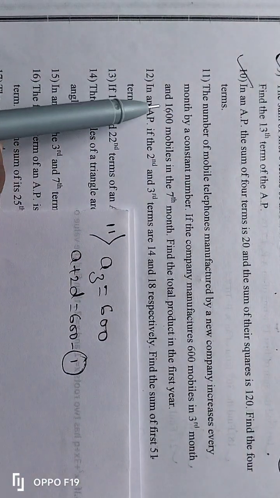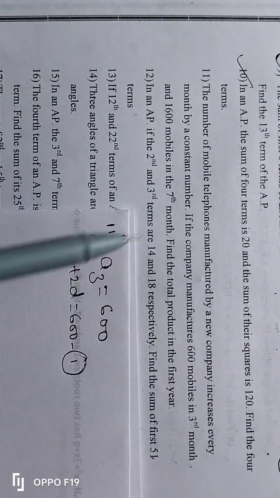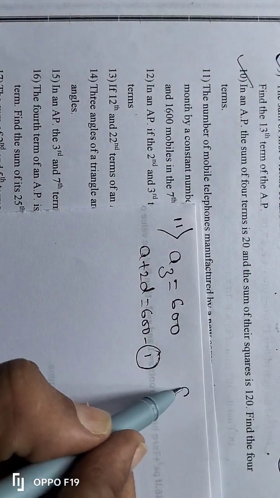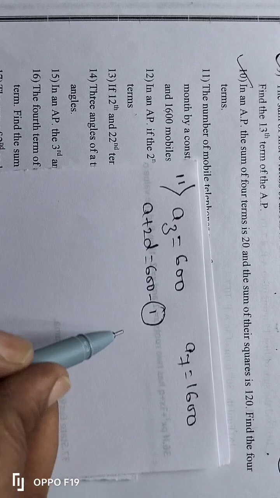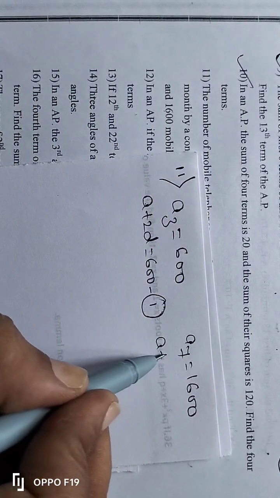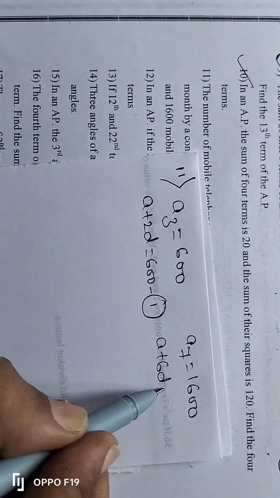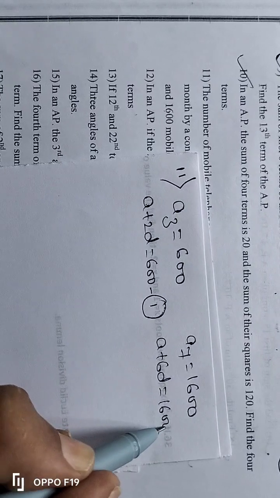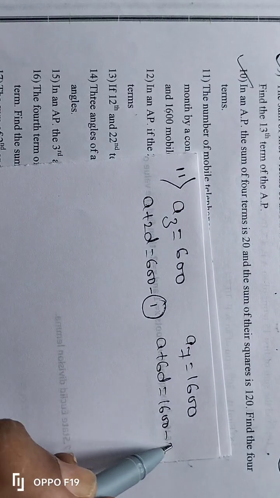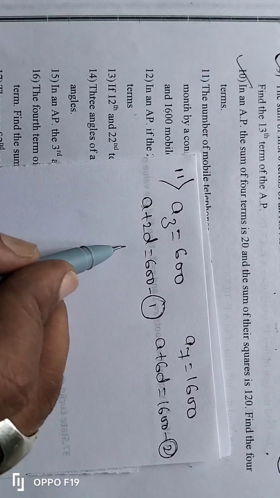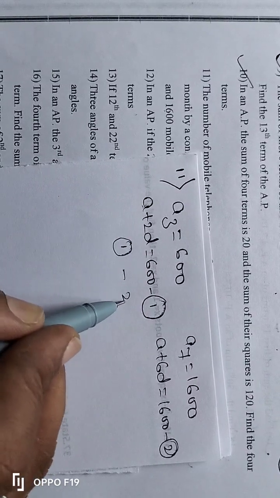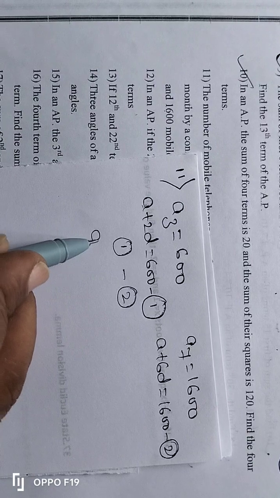And 1600 mobiles in the seventh month means A7 is equal to 1600. So A7 can be written as A plus 6D is equal to 1600, which you call equation 2. In equation 1 and equation 2, A is there, therefore subtract equation 2 from equation 1.